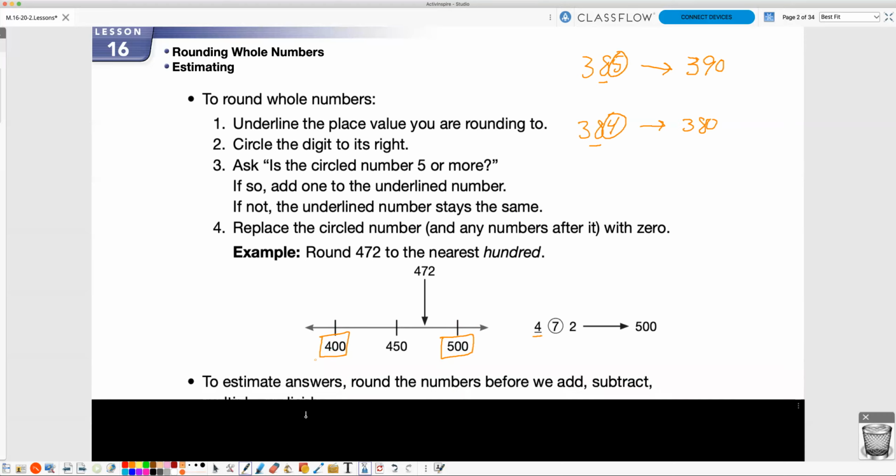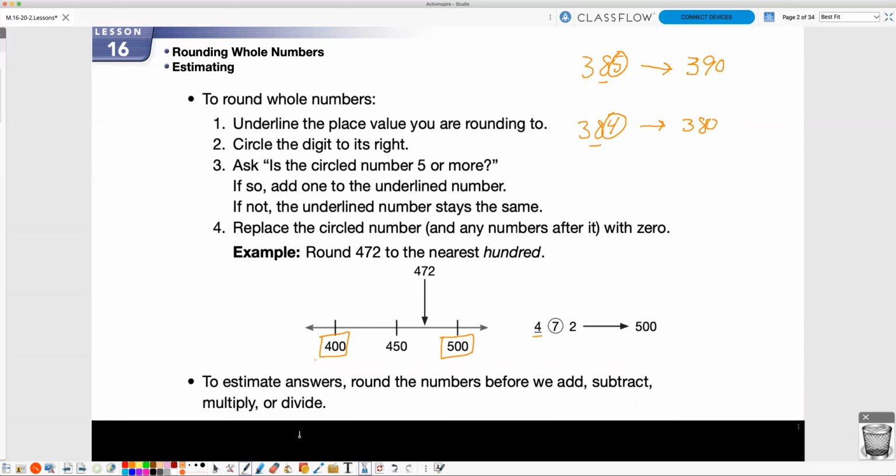Also, estimating. To estimate answers, you round the numbers before you add, subtract, multiply, and divide. So if it said something like 385 plus 21, let me make it even more challenging.